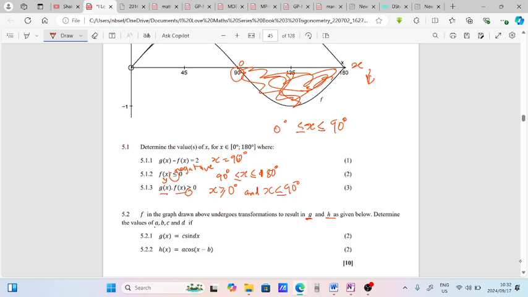Determine the values of a, b, c, and d if g of x equals c sine d x.